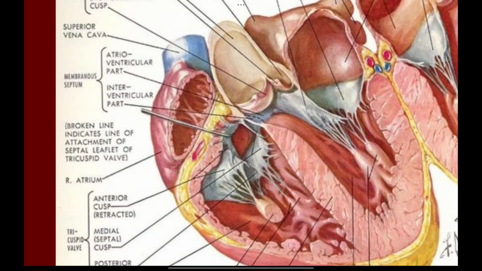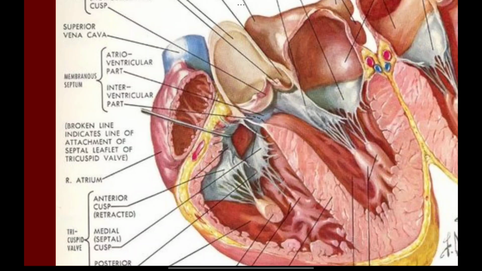There is also the coronary sinus opening into the right atrium. All the deoxygenated blood from the head and from the toe is collected by the superior and inferior vena cava respectively, and the cardiac veins are pushing the blood into the right atrium.